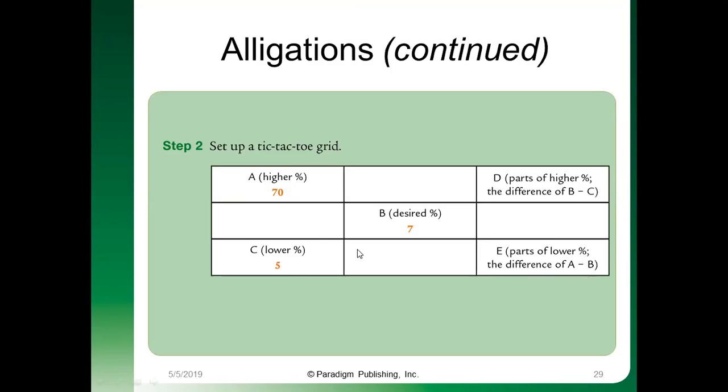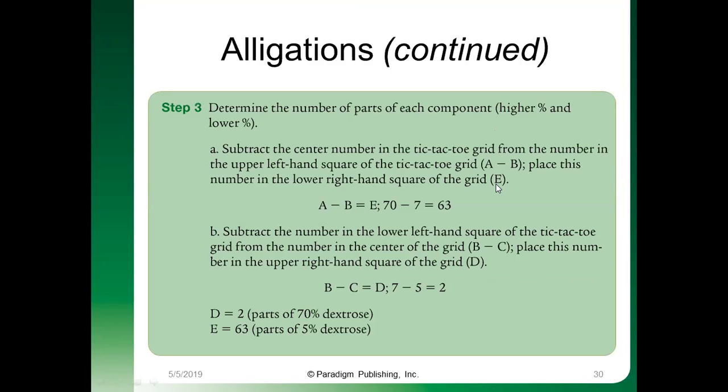And then 7 minus 5 is 2, and that's what you put in the other part of your tic-tac-toe. So 63 and 2. Now that you have that, you have to add your parts: 63 plus 2.